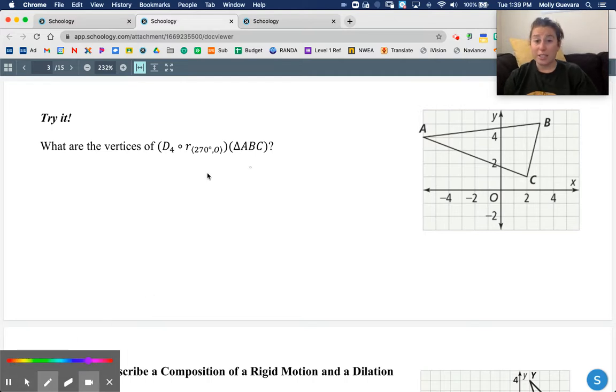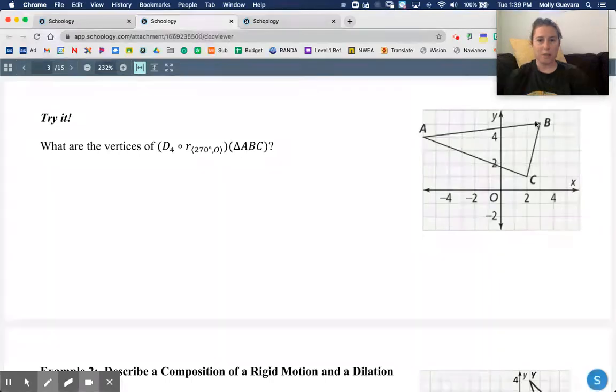Okay, so there's a couple ways that we can think about the rotation, right? Because this is what I have to do first. So if I rotate it 270, that's rotating it three times of 90, right? Or I can think of it as rotating it negative 90, which is just going 90 degrees, but in the clockwise direction.